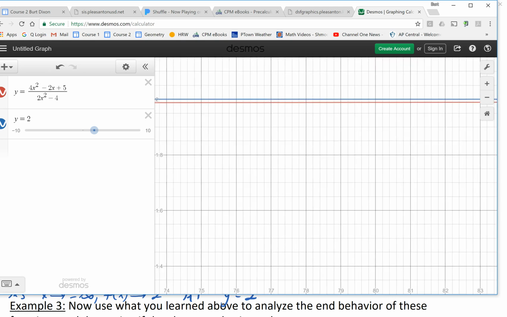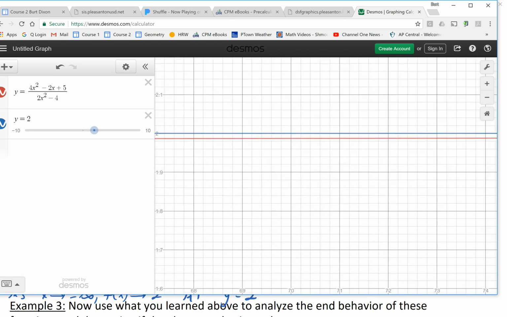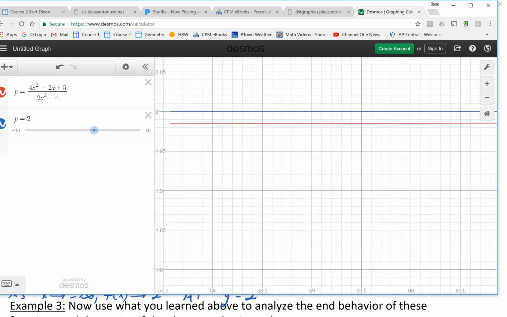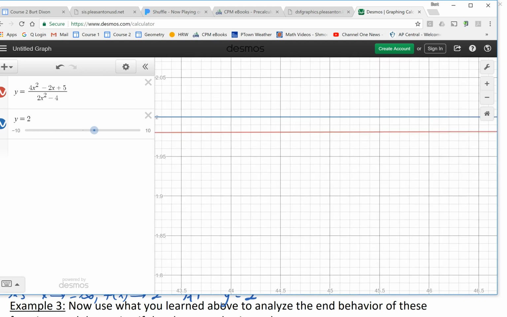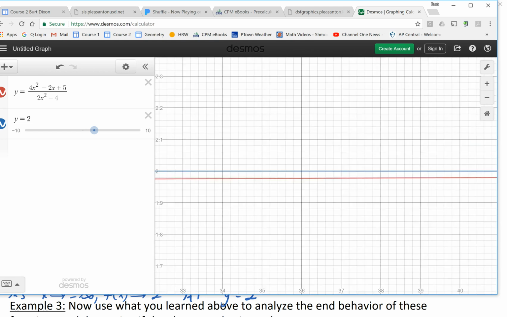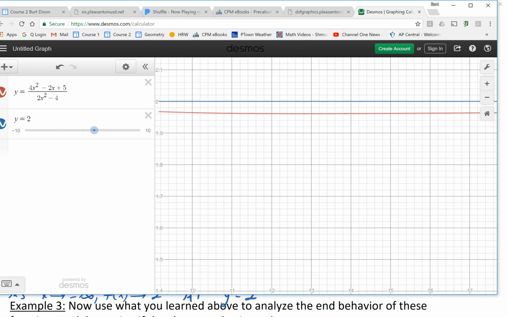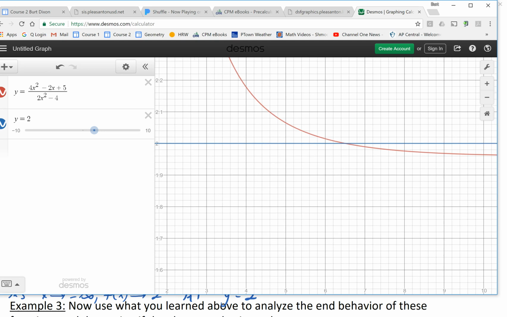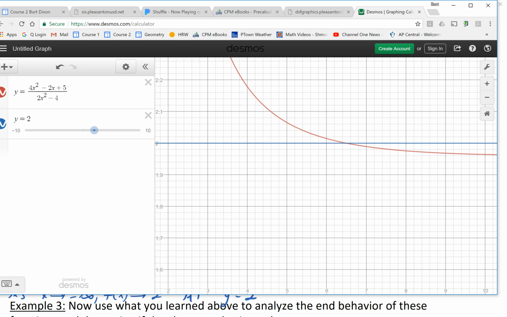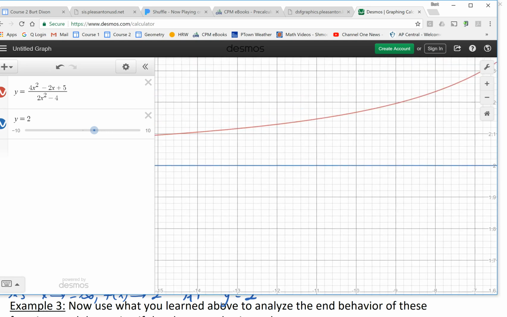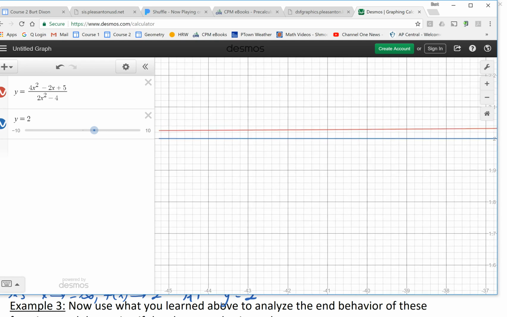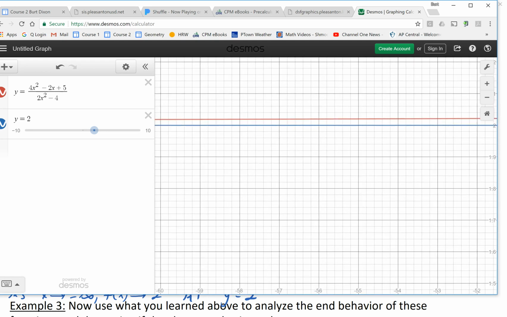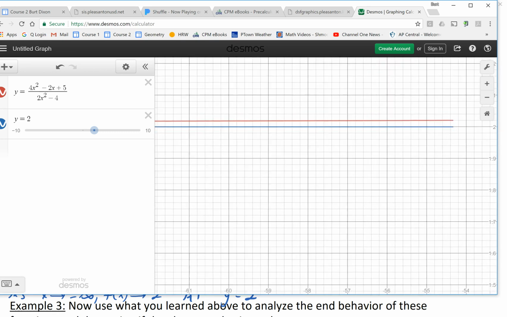An asymptote is just a line that your graph gets closer to as we go to the extreme right or left, or if it's a vertical asymptote, then it'd be going that way. I'm having to go forever to get back to the original graph here. But anyway, there we see that intersection that Vi and Vincent were talking about. Over on this side, it never does cross, but it does continue to get closer and closer and closer to that asymptote as we go further away.